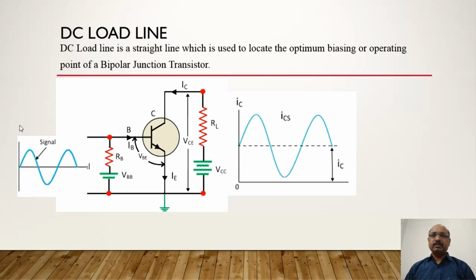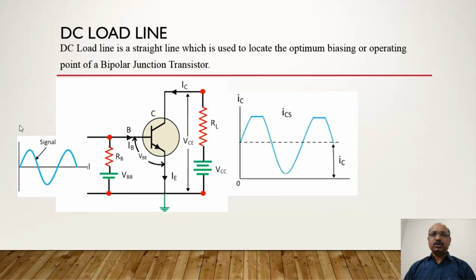For example, if the input signal is sinusoidal, then we want the amplified output signal to be sinusoidal. We don't want any portion of this waveform to be clipped. This is what we mean by faithful amplification of the input signal.